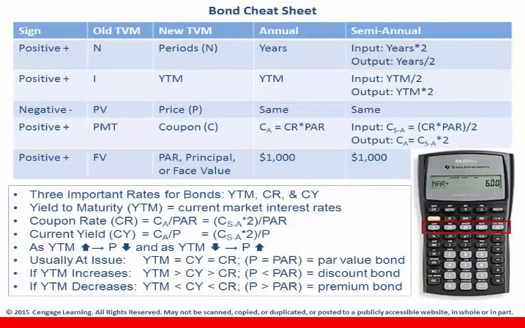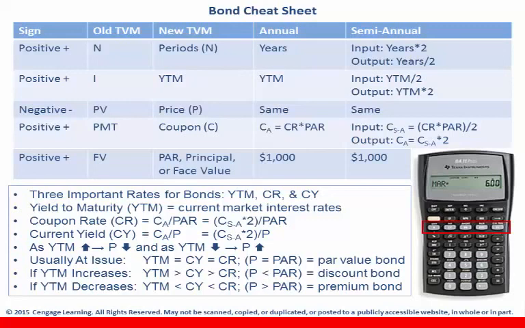Now, if market interest rates go up from 5% to 7%, what's Marky Mark going to do? Is he going to go to Sally Sue and buy her bond? Well, he's not going to want to pay full price for that, because he could go out and pay $1,000 and get a bond that's going to give him 7%. So he'll go maybe to Sally Sue and say, you know what, your bond's only giving 5%. I'm not going to give you $1,000 for it, but I might give you less.